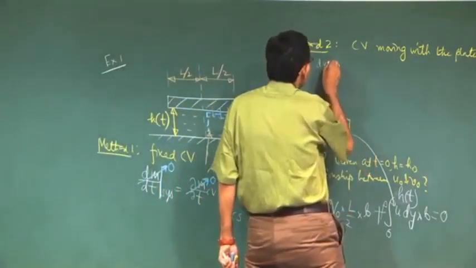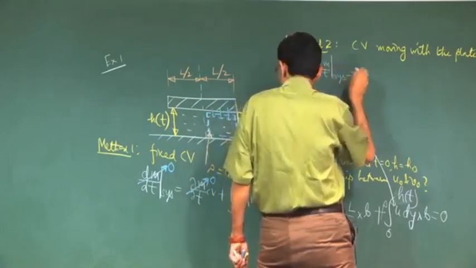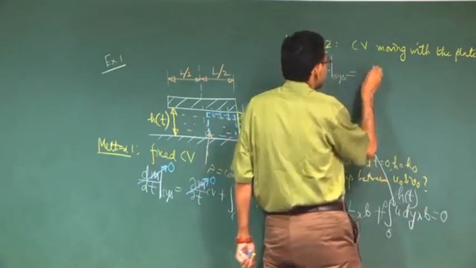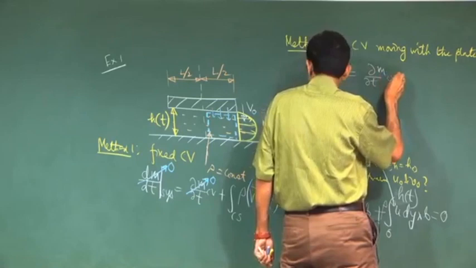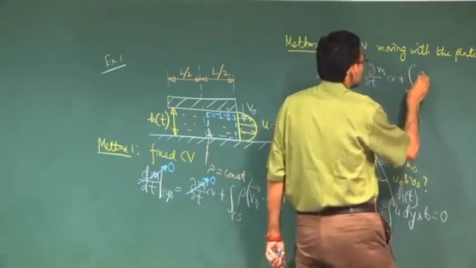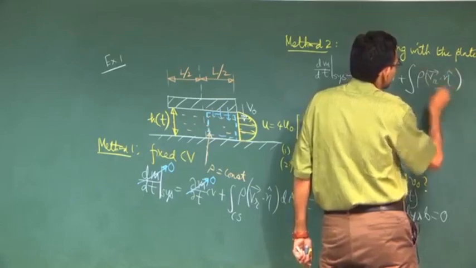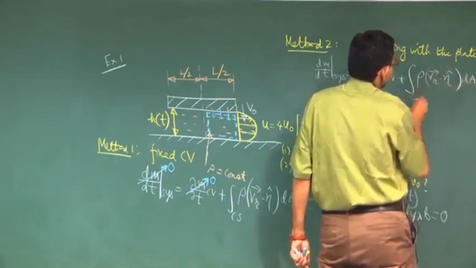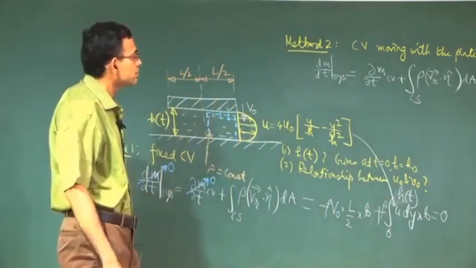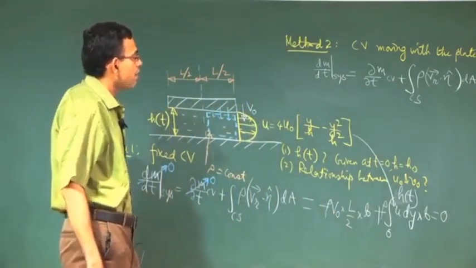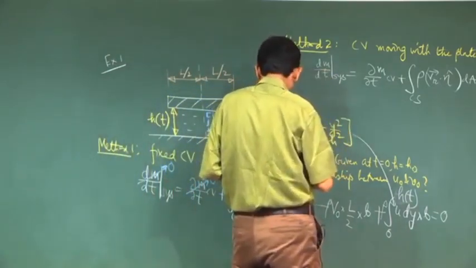So dm/dt, this term, the first term is always 0.